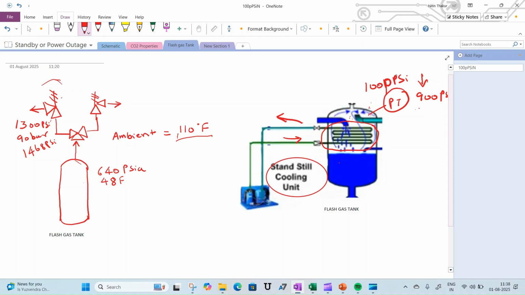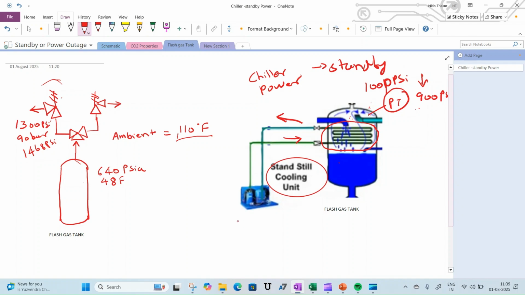I'm just giving this as a reference point. The actual set point pressure might change. So this is applicable when the chiller has power and it is in standby.